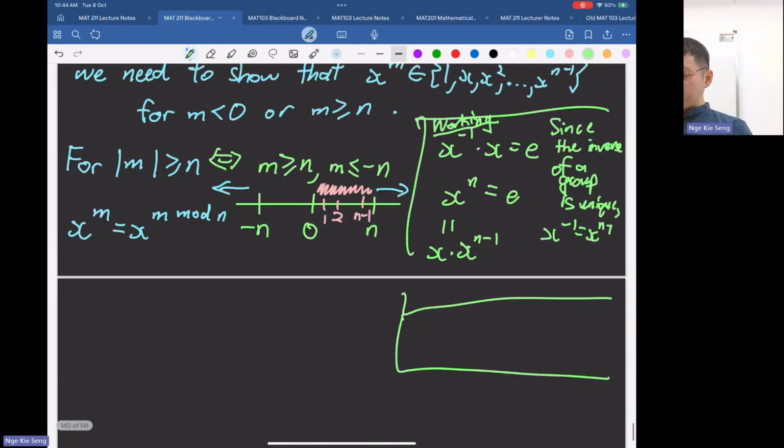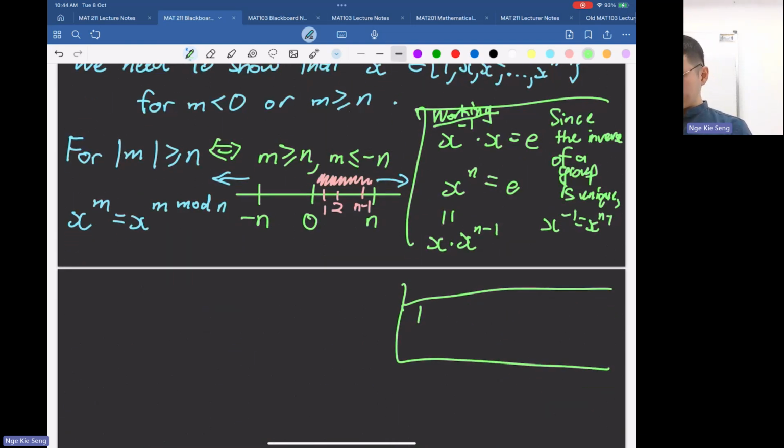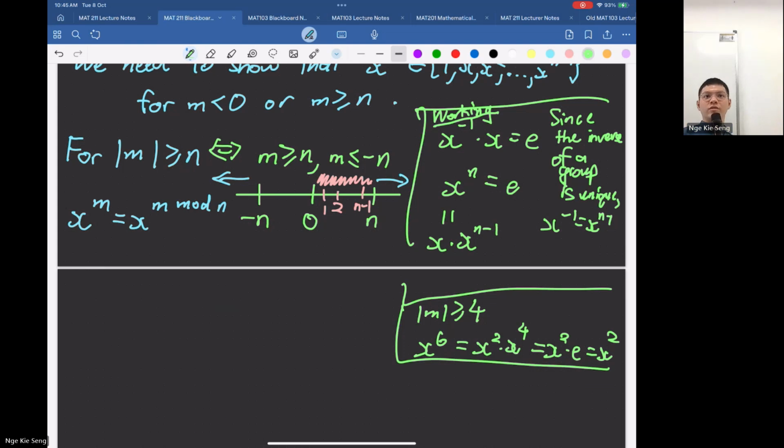So in this proof, let's say we want to look at m greater or equal to 4. What is x^6, for example, in our case here? x^6 is equal to x^2 times x^4. But you know that the order of x is 4, meaning x^4 reduces to the identity, so x^6 is x^2. So is it mod 4?